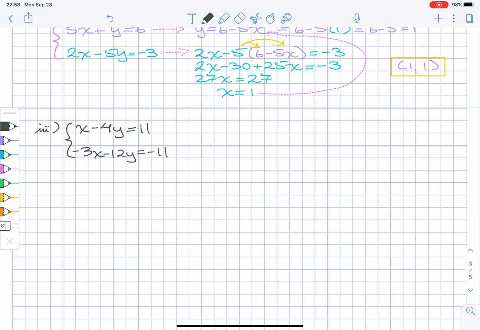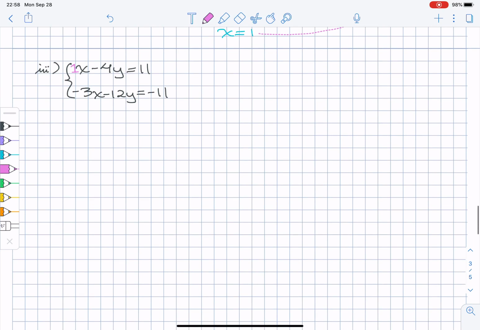Okay, so I notice that there's a coefficient of 1 attached to that x, so that's the one I'm going to focus on. So we have x minus 4y is equal to 11, but we also have negative 3x minus 12y is equal to negative 11.